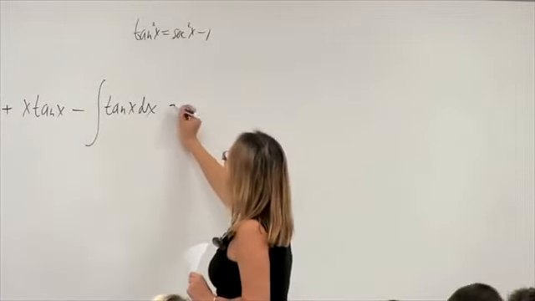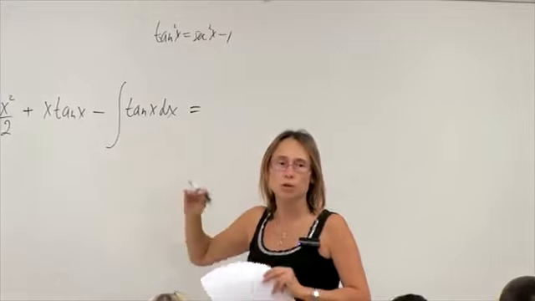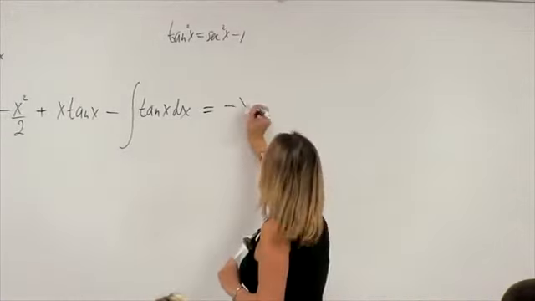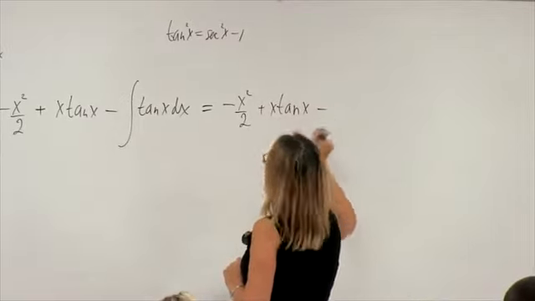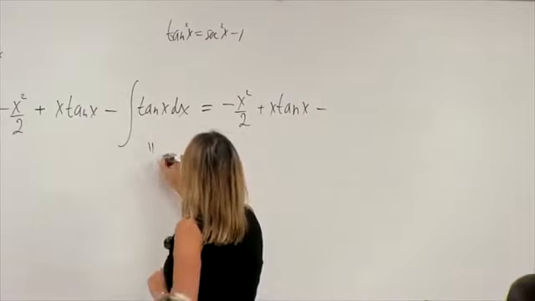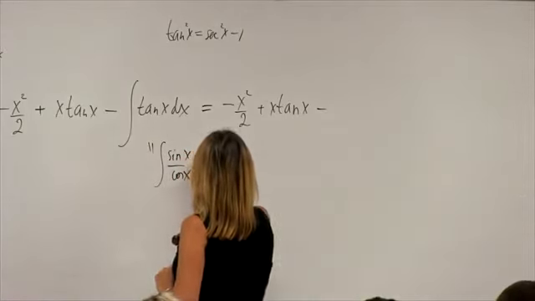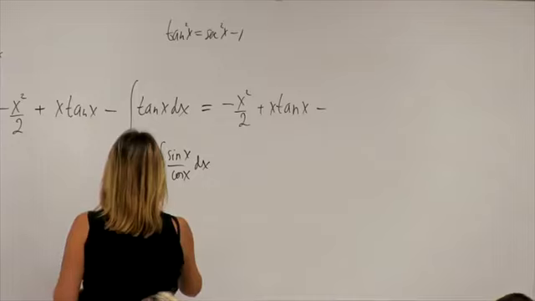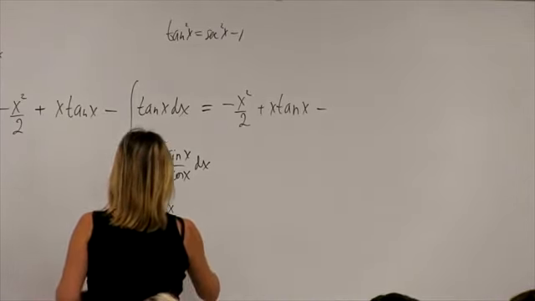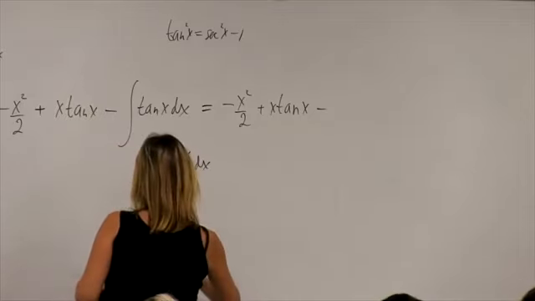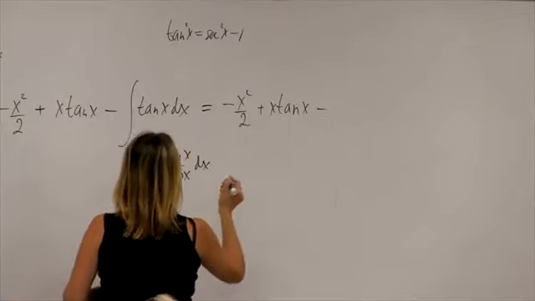So what's left? You either can remember the antiderivative of tangent, or you can very quickly calculate it. Okay, I cannot remember it, so I'm going to calculate it. So tangent is sine over cosine. Okay, so if I take u equals cosine x, then du is minus sine x dx.